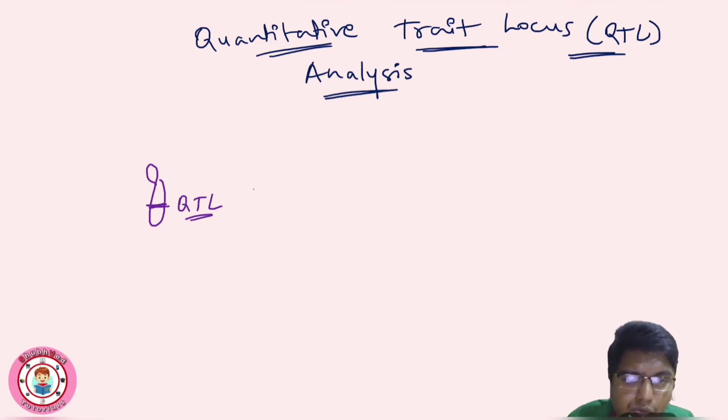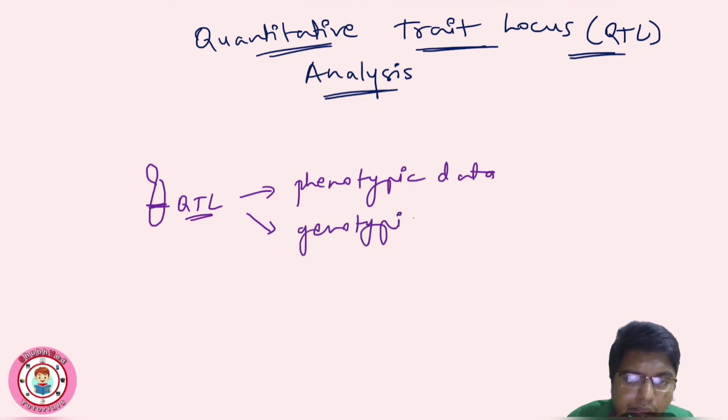Now how to do analysis of this? So we can do analysis by phenotypic data and genotypic data. Right, so for phenotypic data, we take different organisms, differing in genotype but having the same traits.